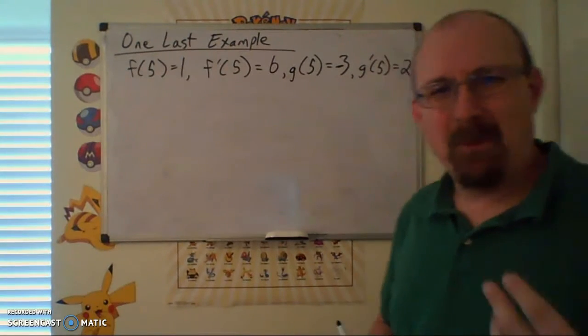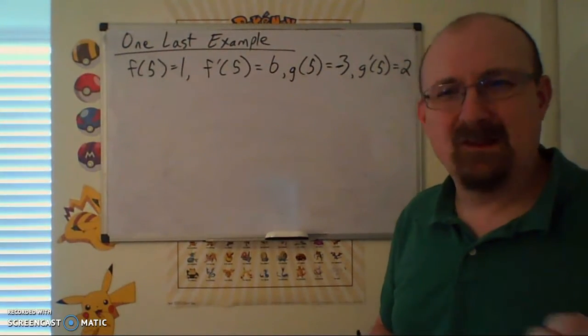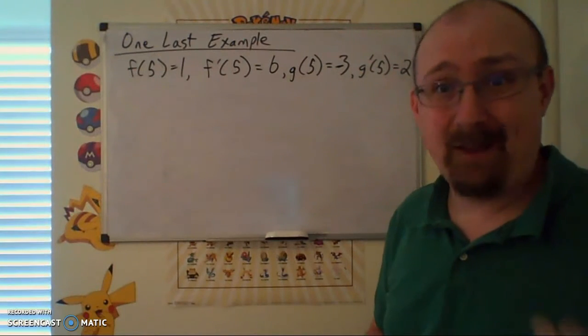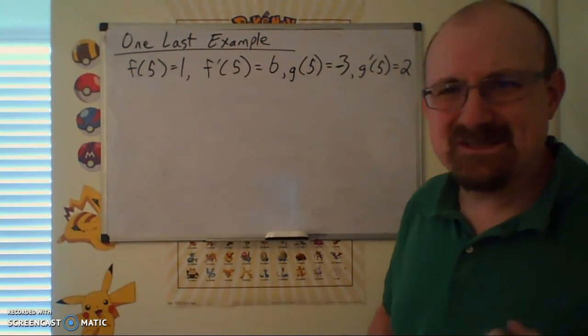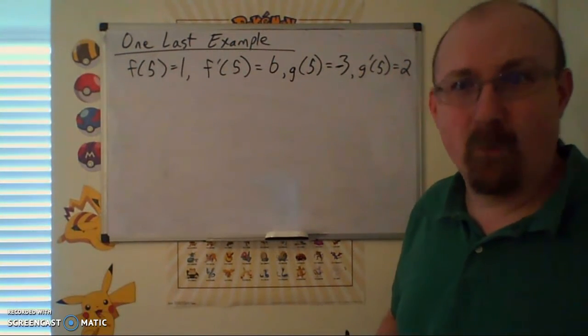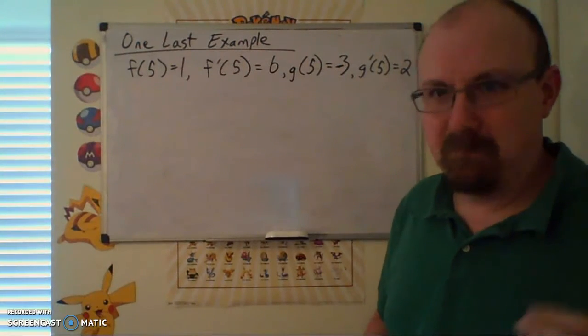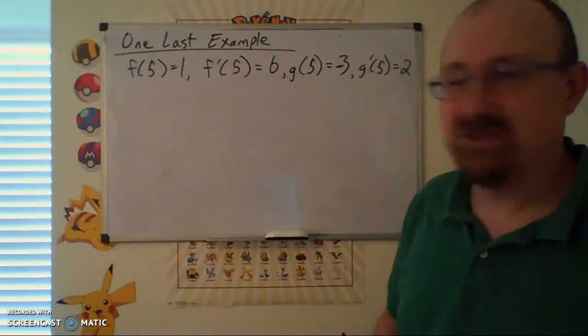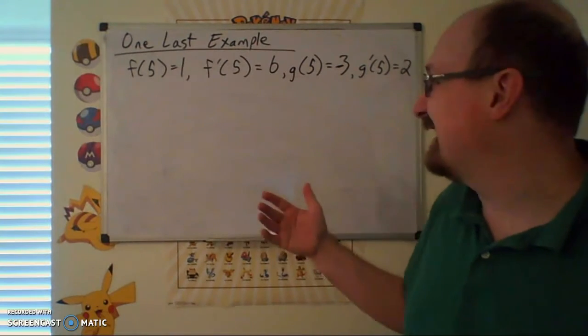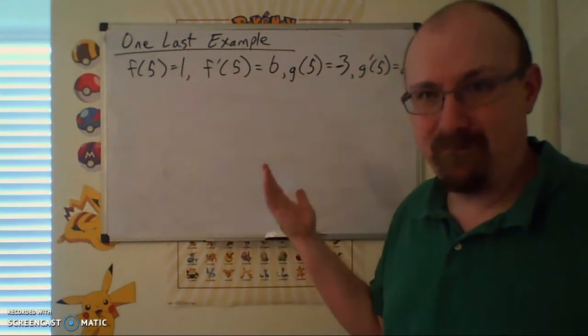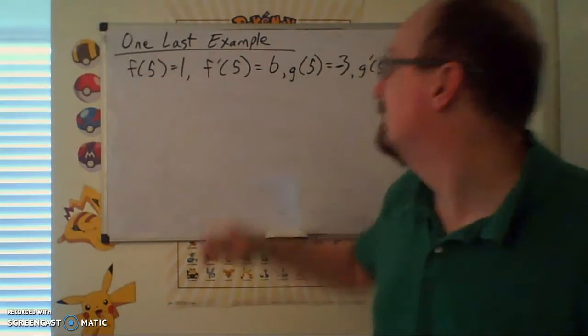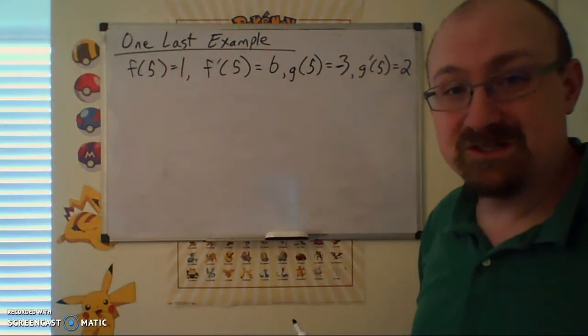So this last example I want to take a look at, it almost ends up feeling a little bit more like what you might encounter in a laboratory setting, because in those instances you might not necessarily have a formula for a derivative. You probably ended up doing some lab observations and some sort of chicanery to end up with numerical values for functions and derivatives at a certain point. So what I've got here is a couple of functions, cobbled together.